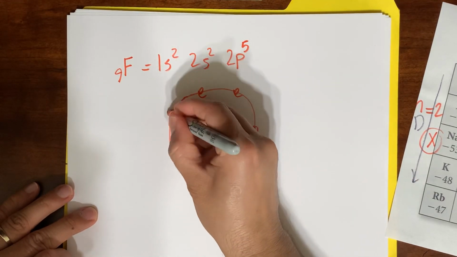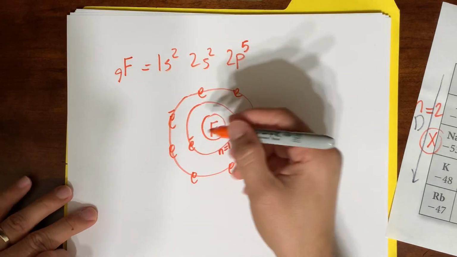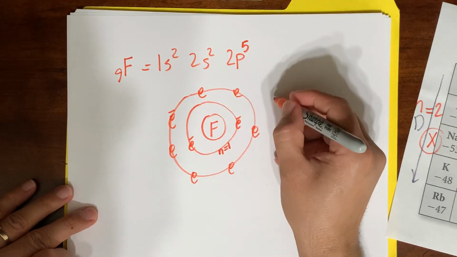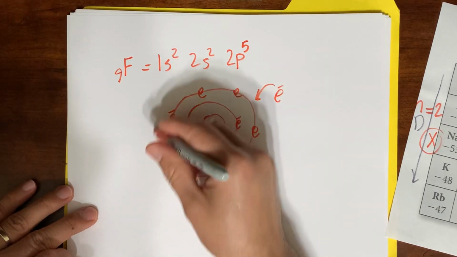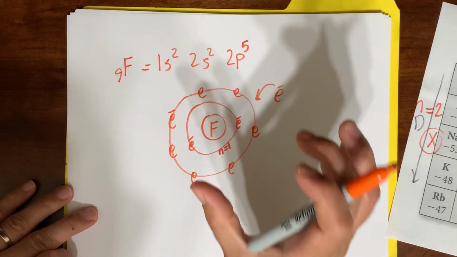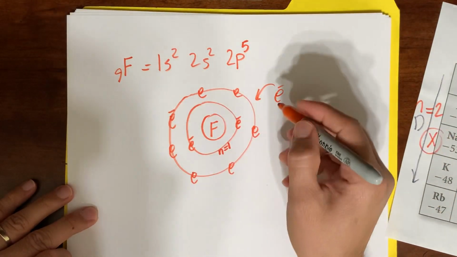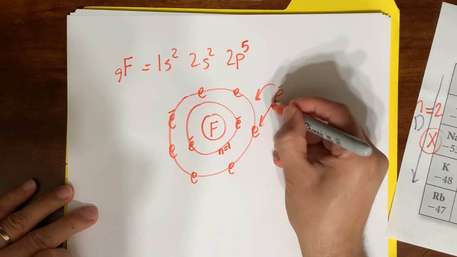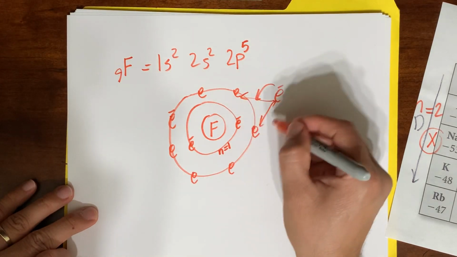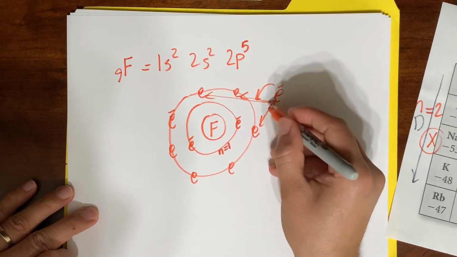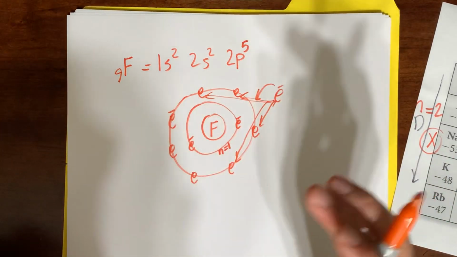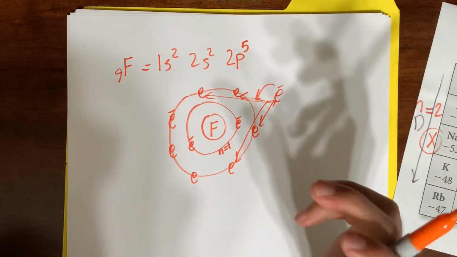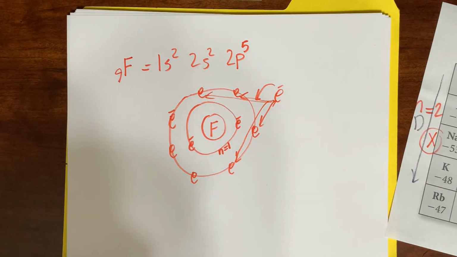If you add a new electron, it will see 7 electrons there, and the size is really small. So it will have repulsion with all these electrons, too much repulsion, because the size of fluorine is so small. That repulsion will make the system unstable.